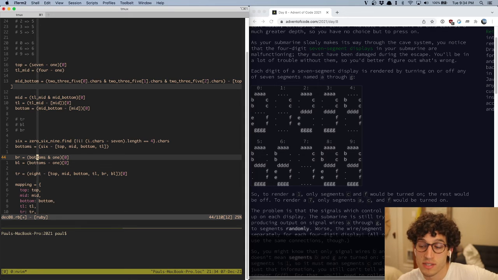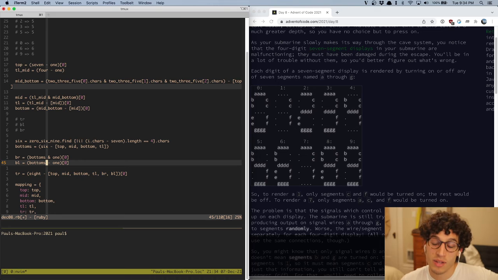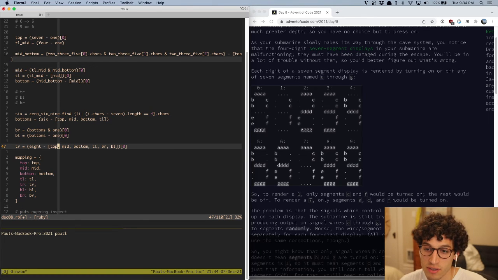The bottom right is the bottom that intersects with the 1, and the bottom left is the bottom that doesn't include the 1. And then to get the top right, I can just subtract everything from 8.